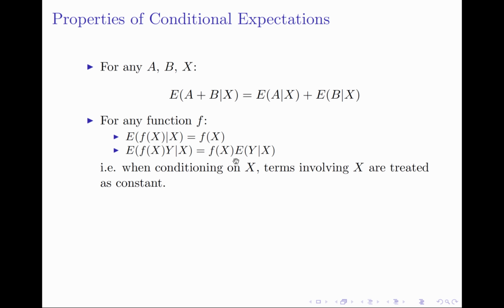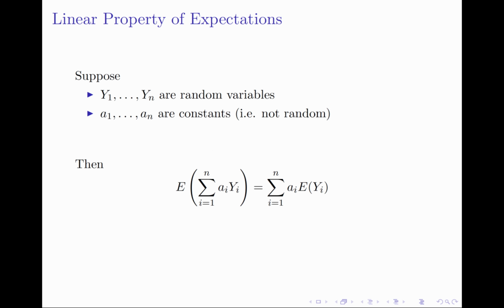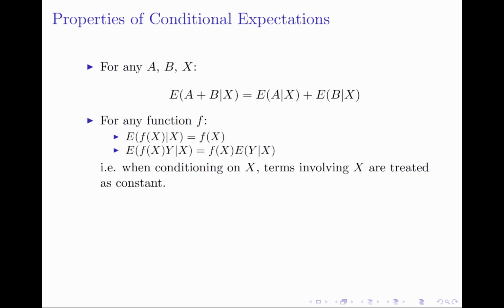When I'm saying we're treating it like a constant, this is the same as what we saw back here. When we have an unconditional expectation and we have constants, the constants can come outside of that expectation. And with conditional expectations, the same thing happens.